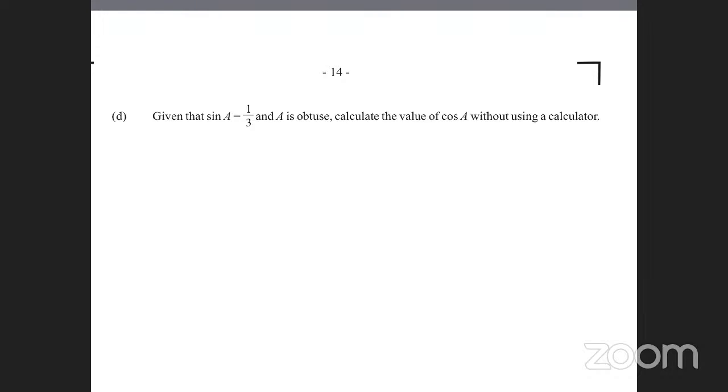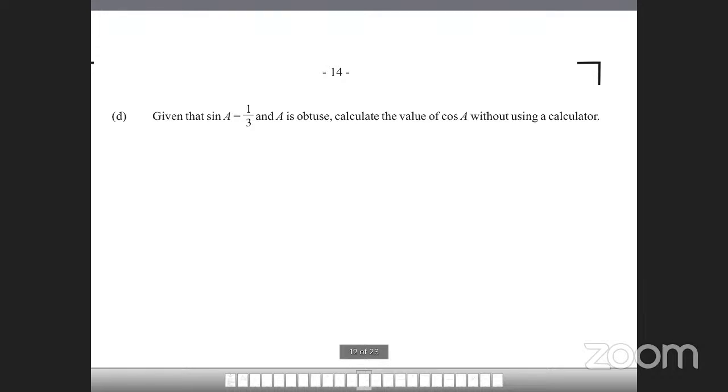Where is my pen? I wanted to show you this one because we didn't do any examples like this as a revision. What do I take back off?